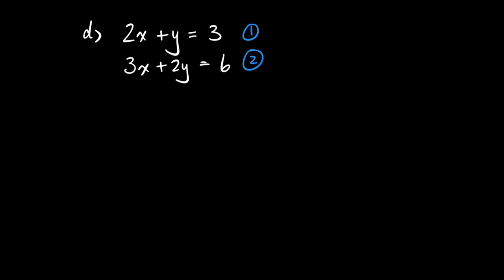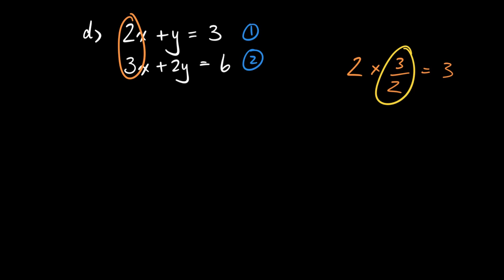If I take a look at equation 1, I could have my x's, a 2, turn into a 3. Because I could take a 2, and if I multiply it by 3 halves, then that gives me 3. Except, I don't think we want to be multiplying stuff by fractions and making things ugly.